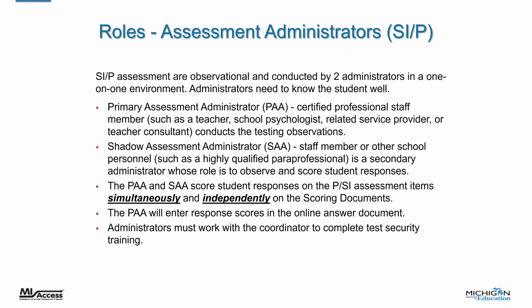The scores are marked on the administrator's scoring documents that accompany the materials. The primary administrator will gather both scoring documents after testing and enter the scores in an online answer document. Administrators must work with the coordinator to complete test security training.